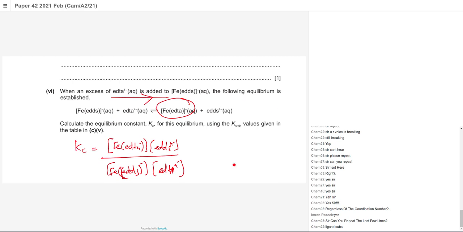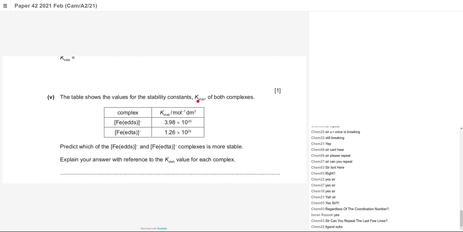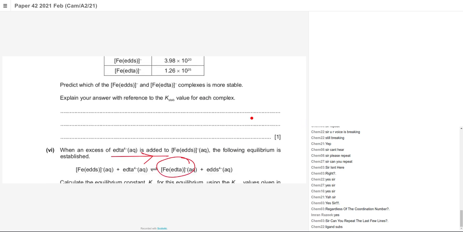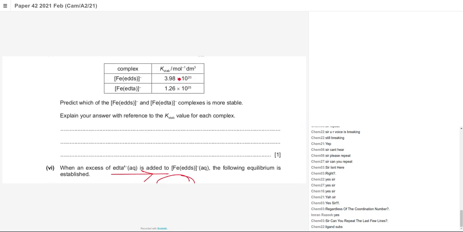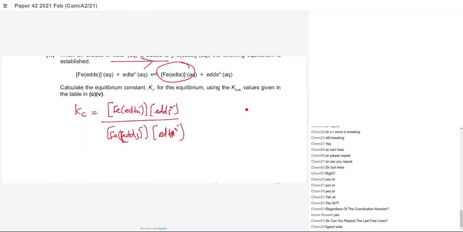So to get a large value from this ratio, you have to divide this over that. That means the Kstab for EDTA should be divided by the Kstab for EDDS, right?